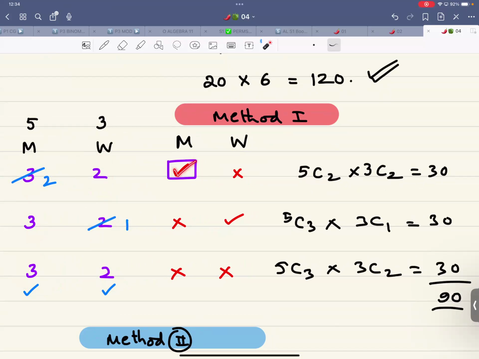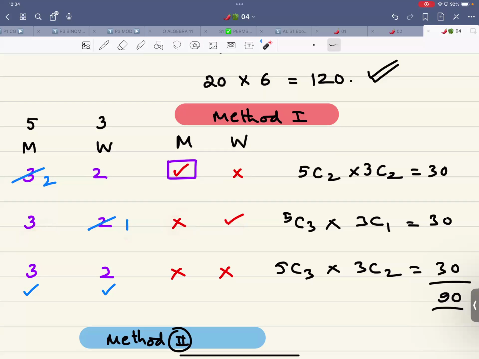If a particular man is selected, that means this 3 should be slashed off and written as 2, because one man is already selected. First, focus on just slashing. Woman is not selected, this 2 will remain as 2. On the flip side, if the man is not selected, this 3 remains as it is. If this woman is selected, the 2 is slashed and written as 1.